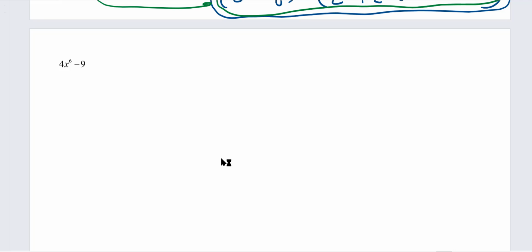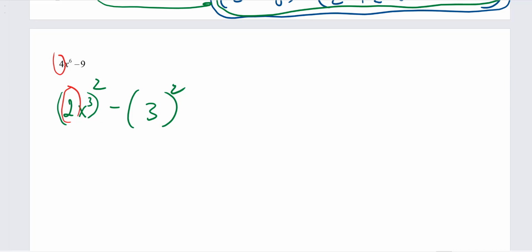Well, we don't seem to really have either one, but we know that 9 is a power of 2, so if we could write this part as a power of 2, that would also help. Well, if you think about that, this is 2x to the third squared, because 2 squared is 4, and x to the third squared is x to the 6th.